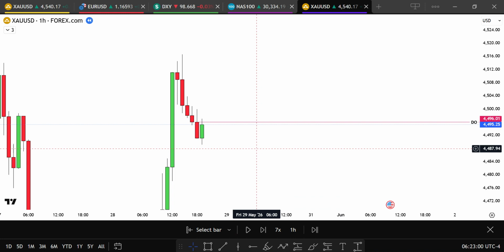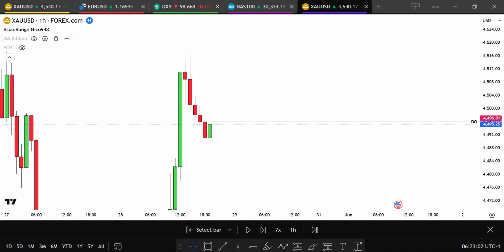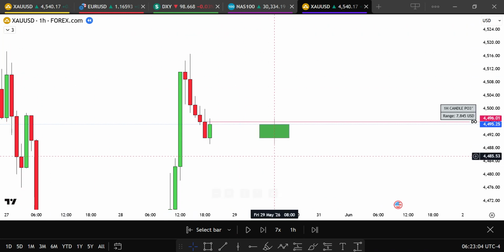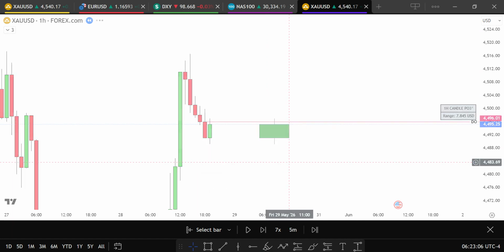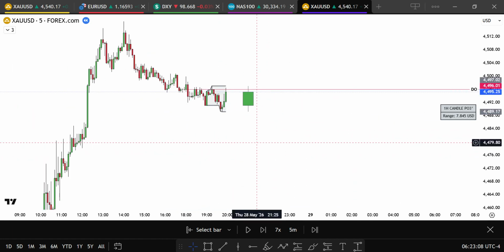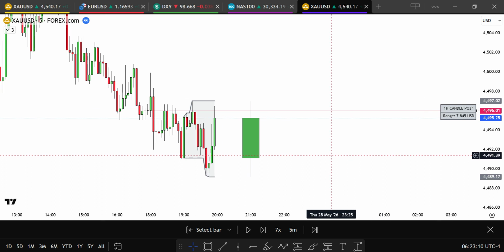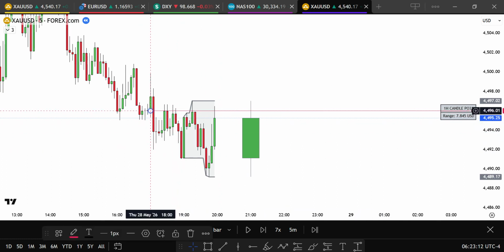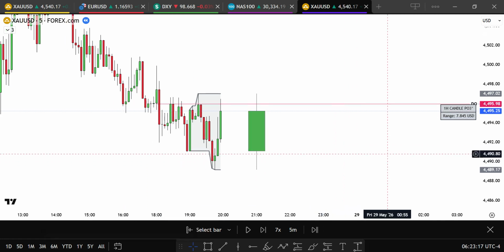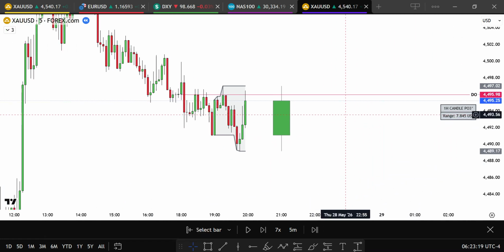Perfect. And let me activate PO3 so we can see how the daily candle is going to form, right? Okay, so this is the level where the daily candle opens.